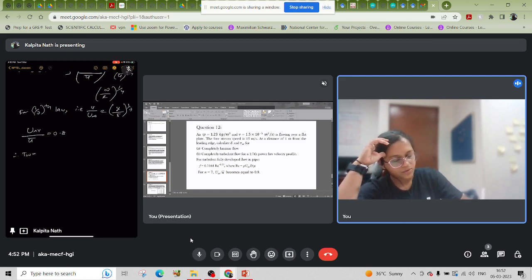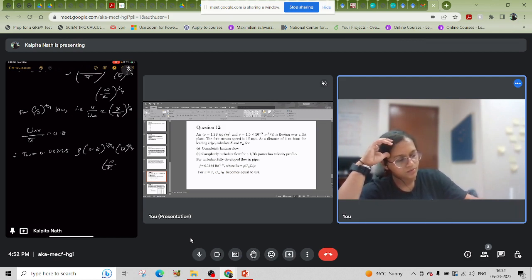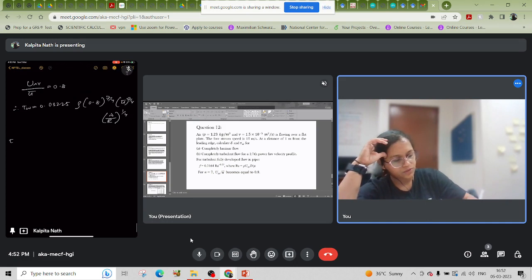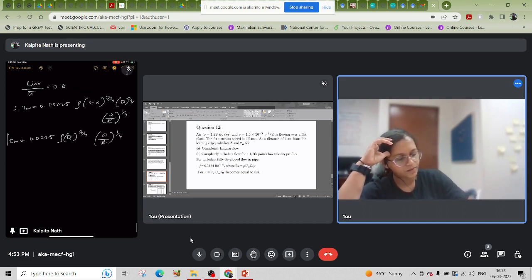Therefore, tau w is equal to 0.0225 rho U bar to the power 7 by 4, nu by R to the power 1 by 4. So tau w is 0.0225 rho U bar to the power 7 by 4 nu by R to the power 1 by 4. This is tau w.